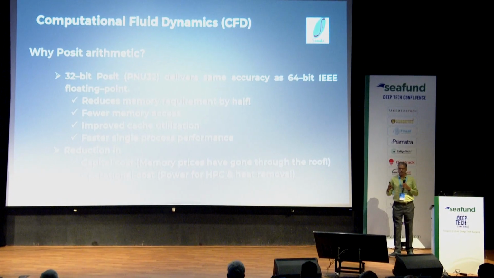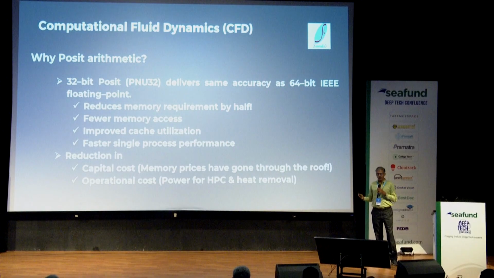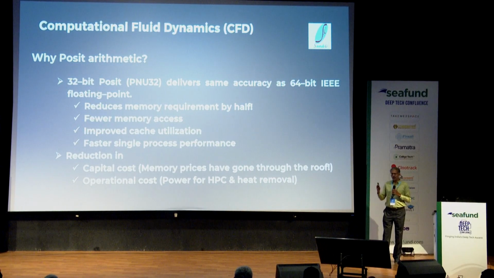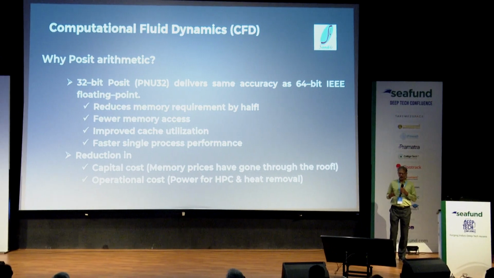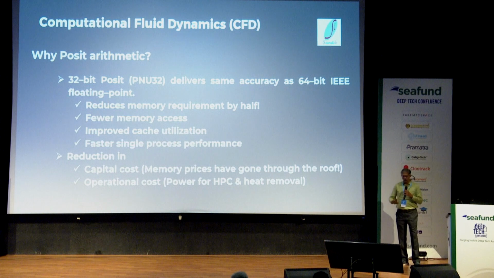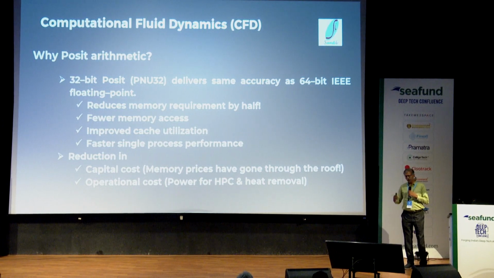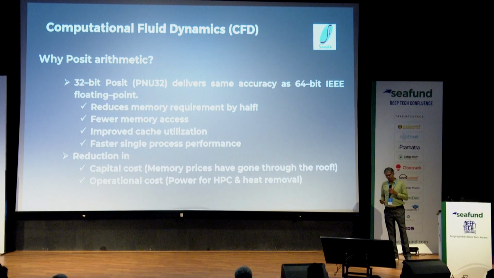That means the memory access would come down. It would lead to improved cache utilization, and this would directly lead to a faster single processor performance. This is something which we always look at: apart from scaling the problem, how do we improve the single process performance? And this is a direct answer to that.